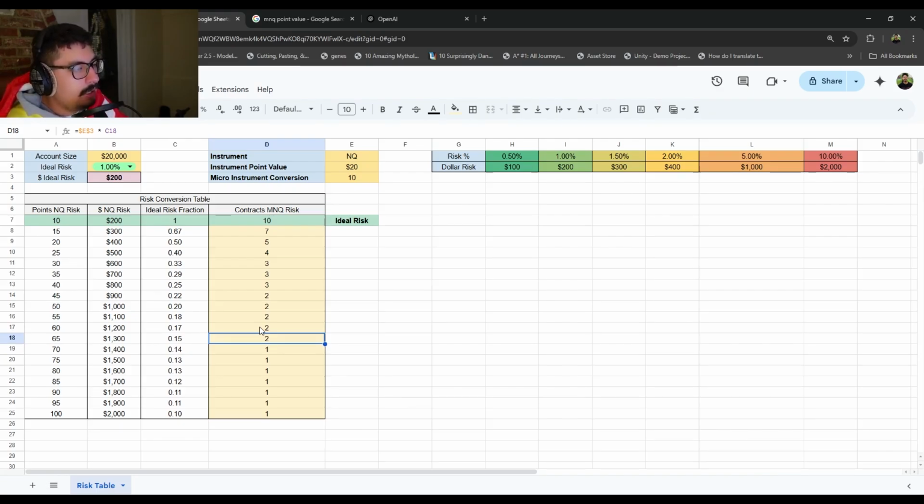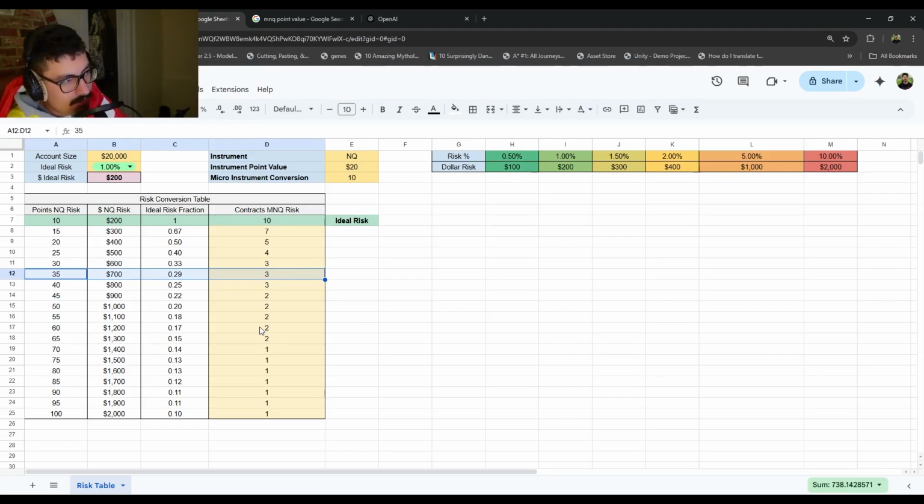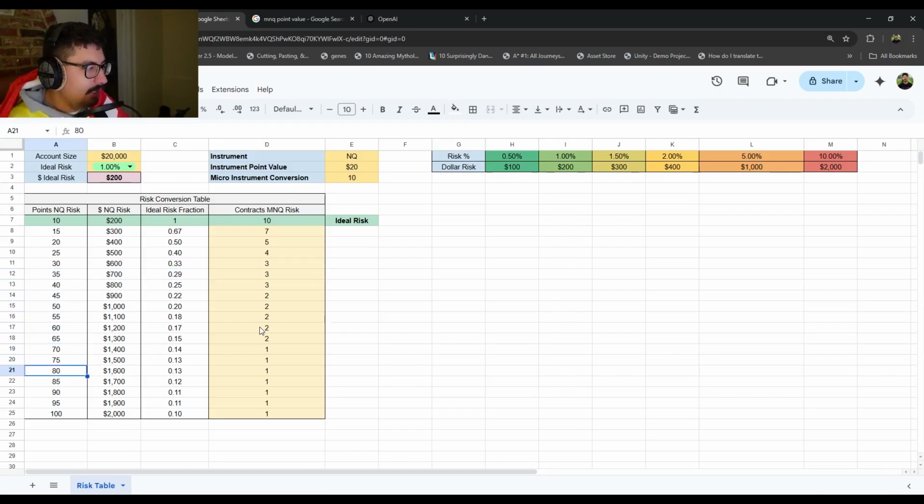But basically, if you see a 34-point move, you can go into MNQ and you can risk 3 contracts. If I see an 80-point move on NQ, I can flip over to MNQ and risk 1 contract.